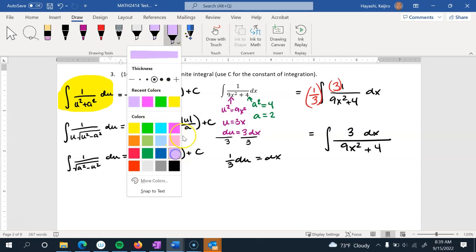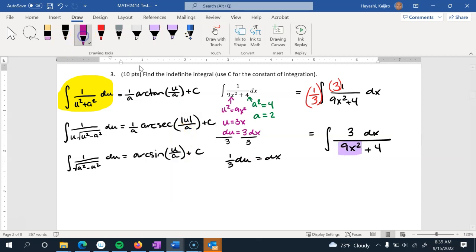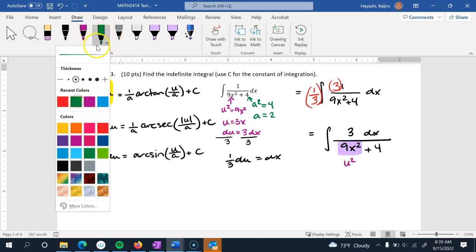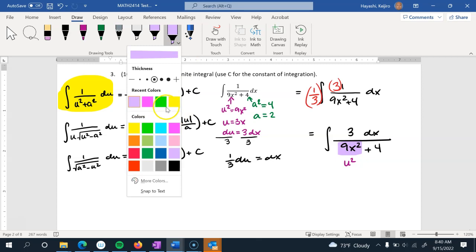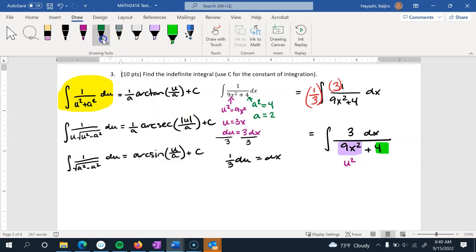Okay, so previously we reasoned that 9x squared was u squared, that 4 was a squared, and also that 3 dx was du.